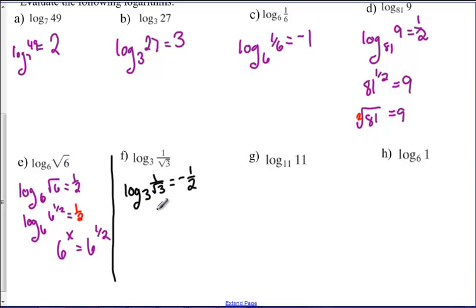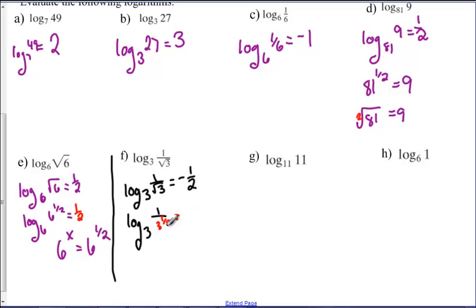We could have rewritten this if we wanted to. So first thing I would do is probably change the radical to 3 to the 1/2 equals something.